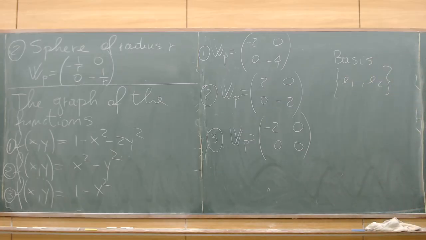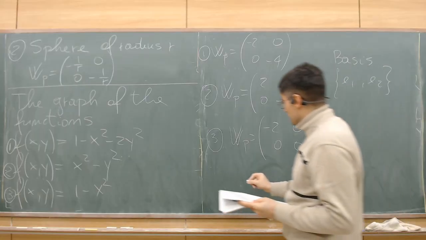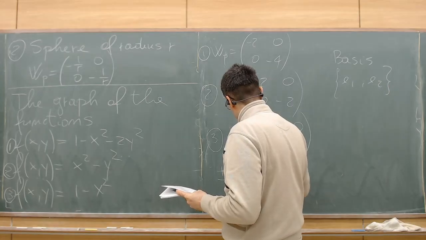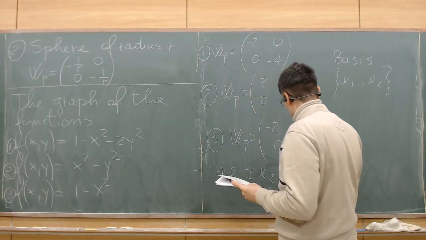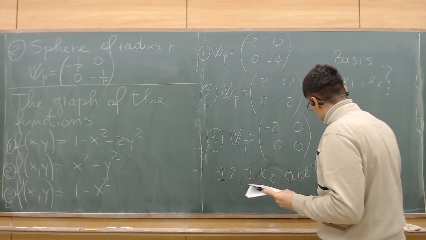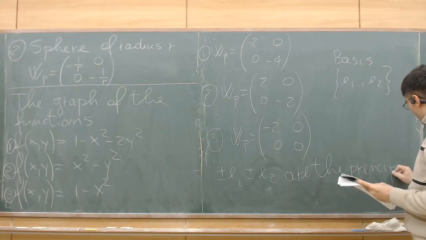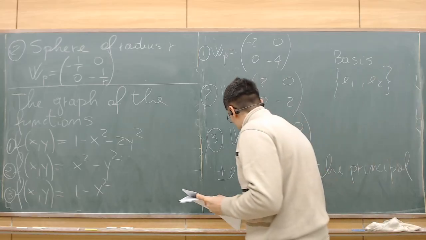So in these three cases, plus or minus E1, plus or minus E2 are the principal directions.